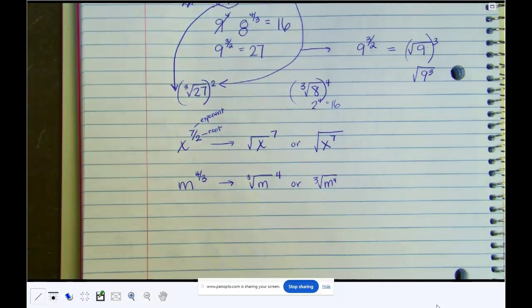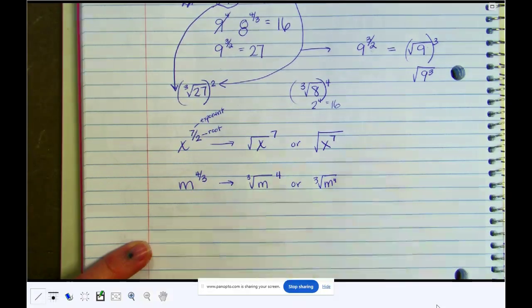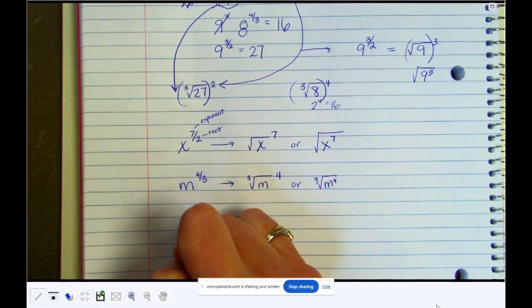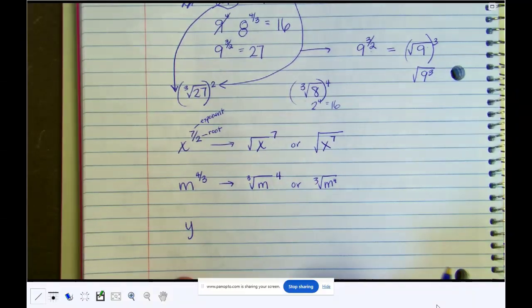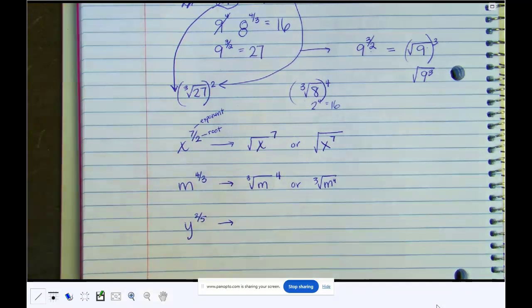Okay, we're going to do one more and then give you a formula, and then we'll practice this some more. A formula. It's kind of a formula. Let's go y to the 2/5. Y to the 2/5.